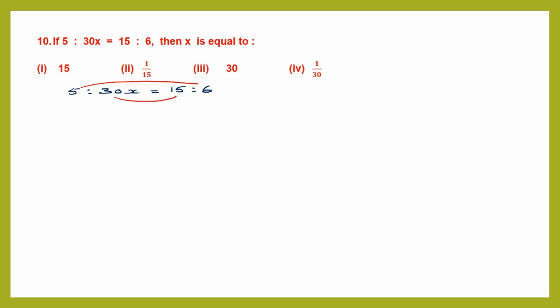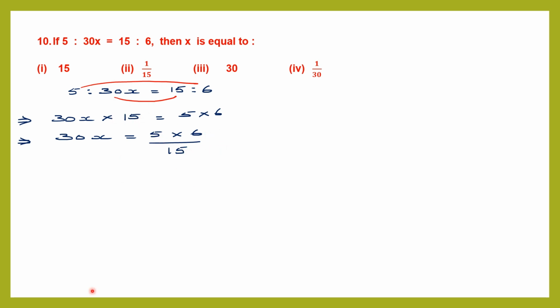So we can do that. That means product of means. Let's write that down. 30x and 15. The product of this is equal to 5 into 6. So here we can now solve and find the value of x. Let's keep only 30x this side. That means on the other side we have 5 into 6 divided by 15, because I have transposed this 15 from here to the other side.